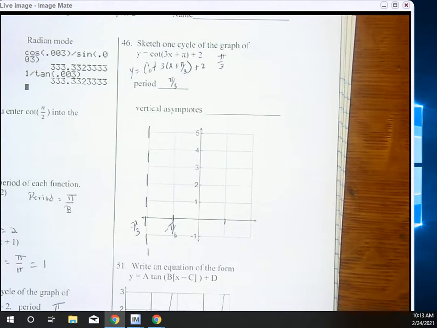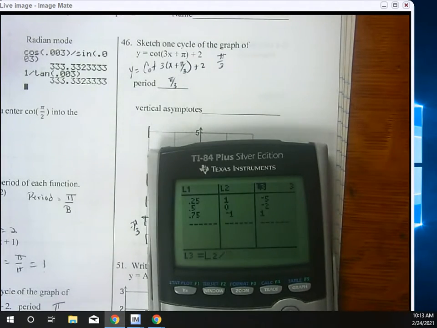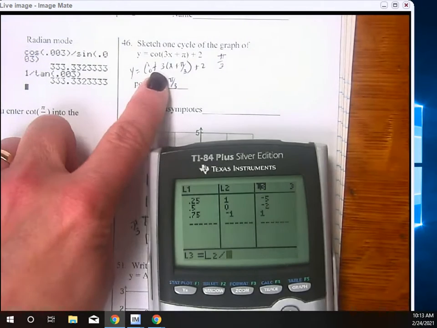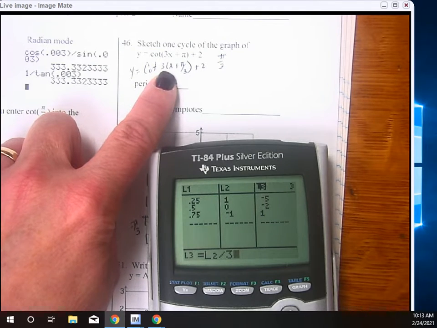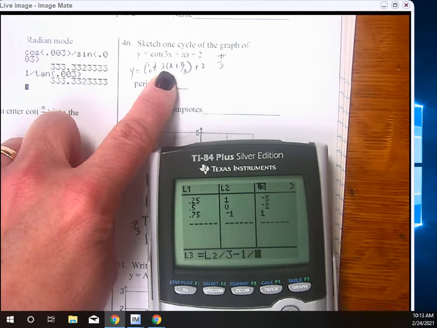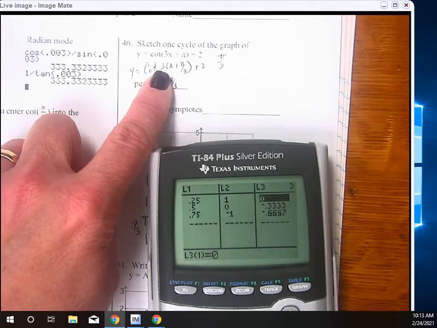When I go to my L3, I'm going to use my L2. I'm going to divide that by 3. The reason why is because we have 3 times, so we're undoing what's happening inside, and we're also going to subtract that 1/3 of pi.